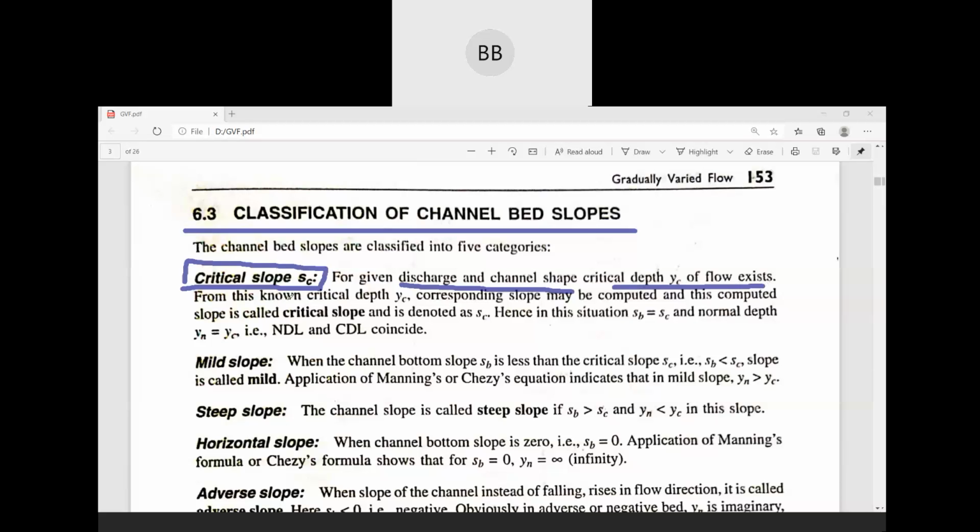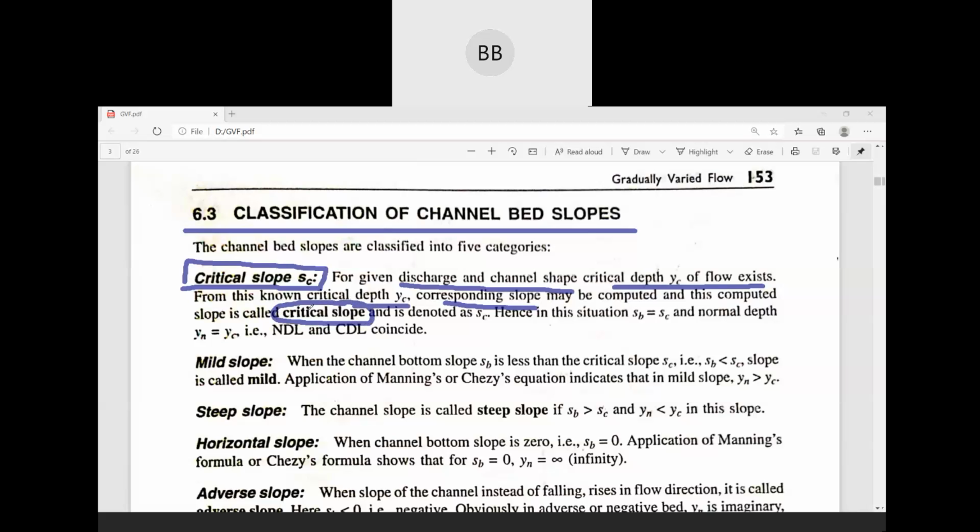So for this particular critical depth, if you want to find out the slope corresponding to that critical depth, that slope is called critical slope. So critical slope is nothing but slope at critical depth.